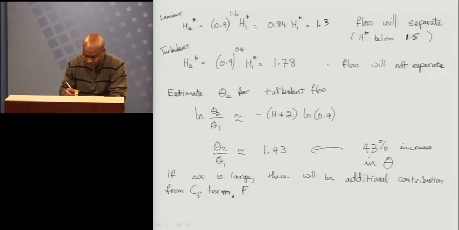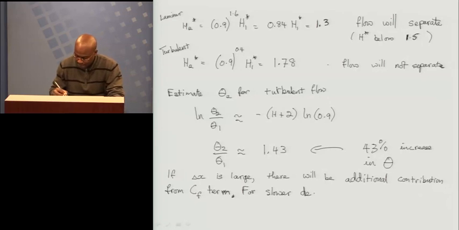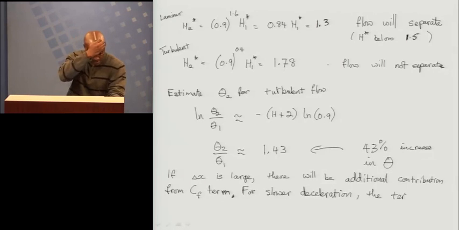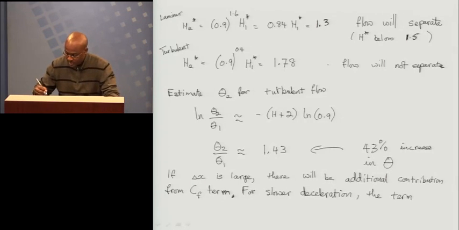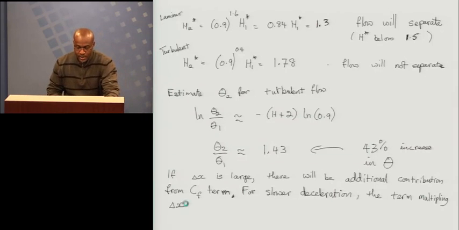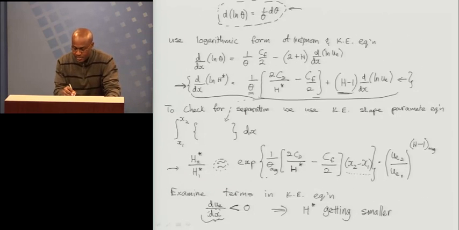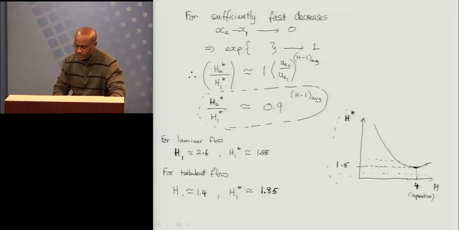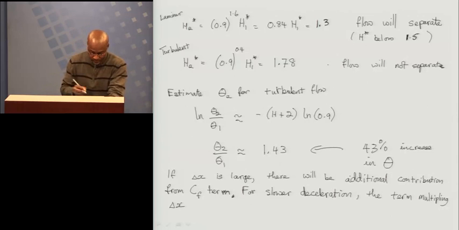And for slower decelerations, the term multiplying that delta x value, going back to this guy and looking at the term that's multiplying that delta x value, what it does is it helps alleviate the adverse pressure effects.